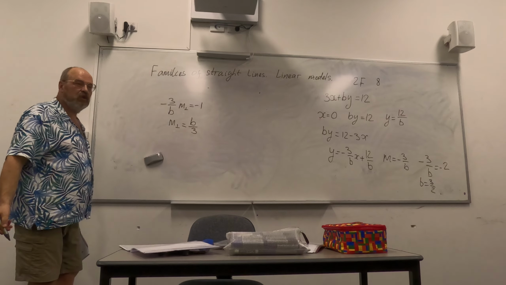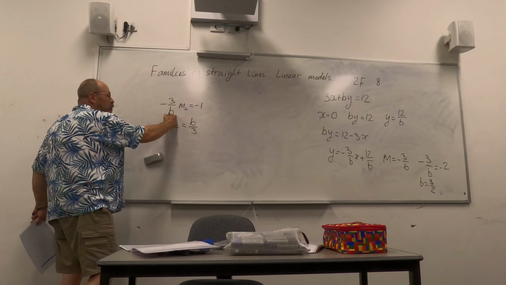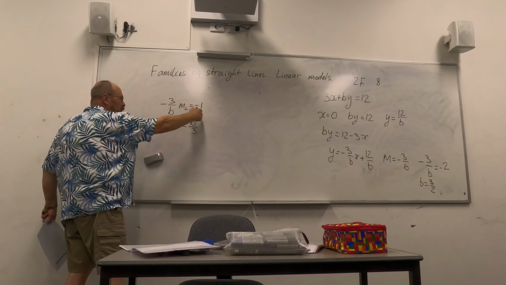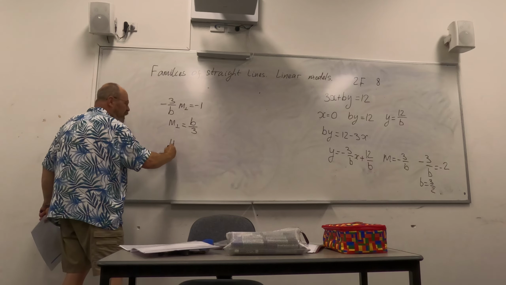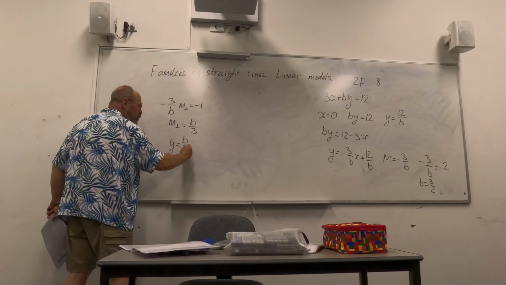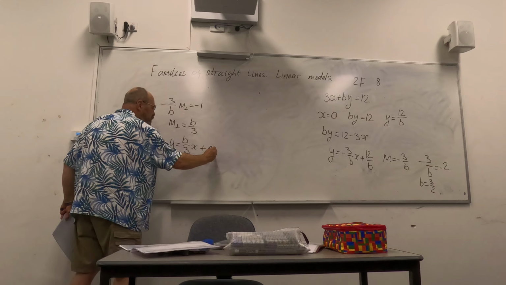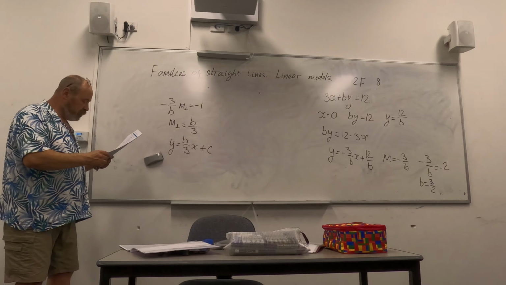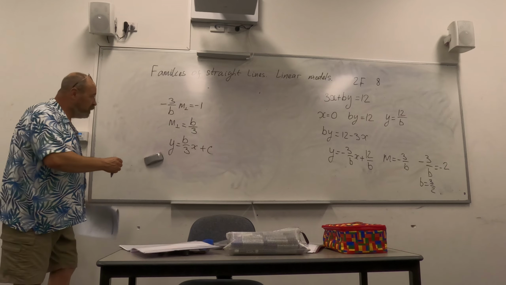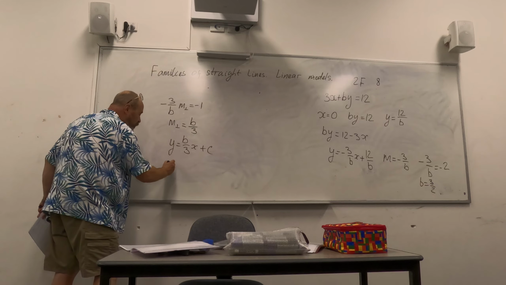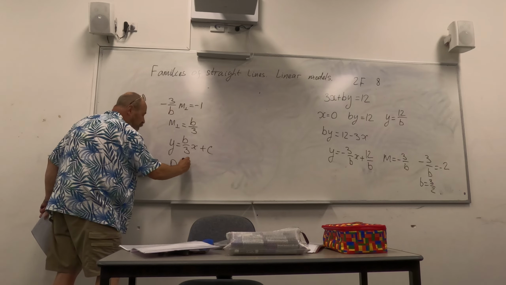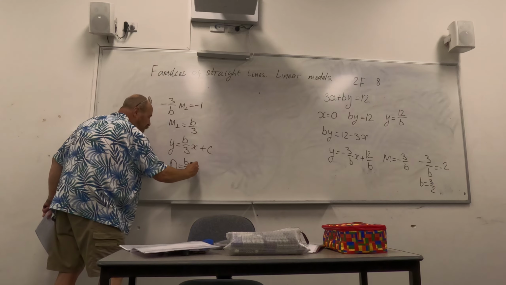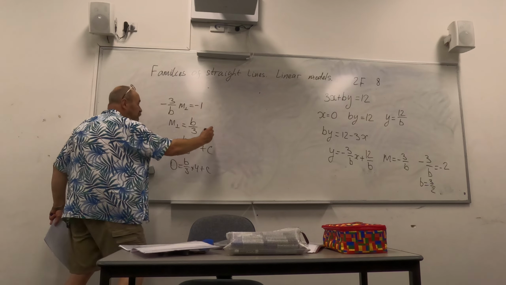So what is the equation of the line? From here the minus cancels out, b there, 3 there, b on 3. So y equals b on 3 x plus c. And we have the point (4, 0), so we have 0 equals b on 3 times 4 plus c.